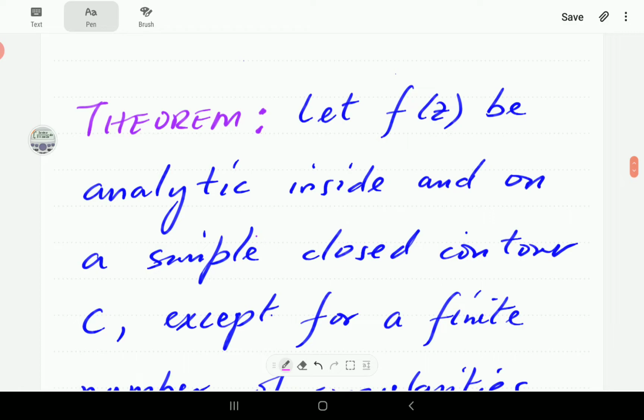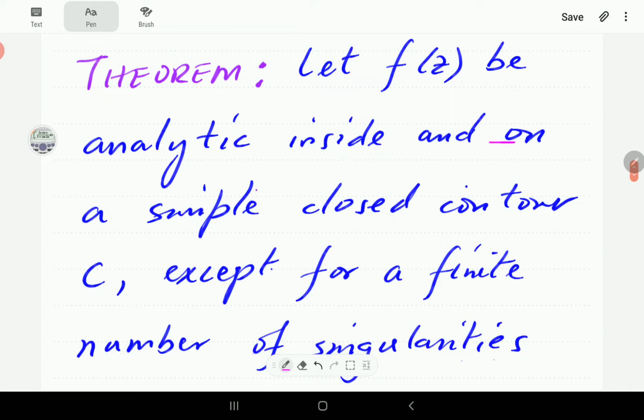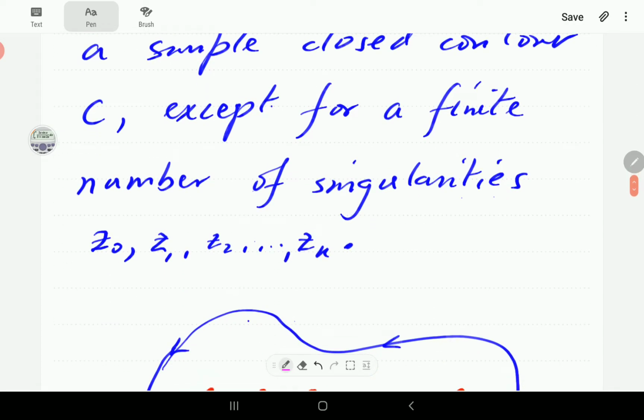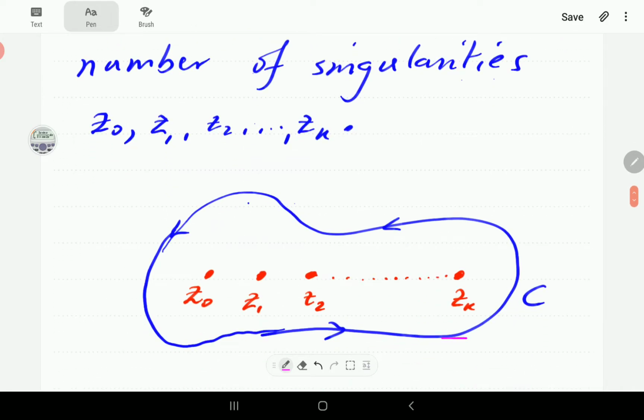So the theorem goes as follows: if f of z is analytic inside and on a simple closed contour C, except at a finite number of singularities, which we denote z0 to zk. So this is our simple closed contour and these are our singularities.